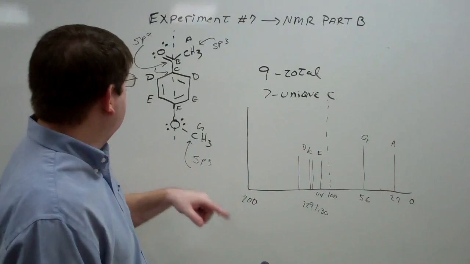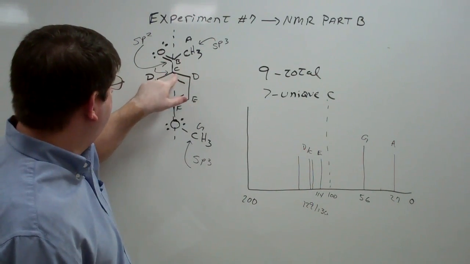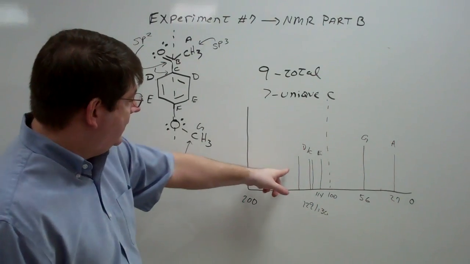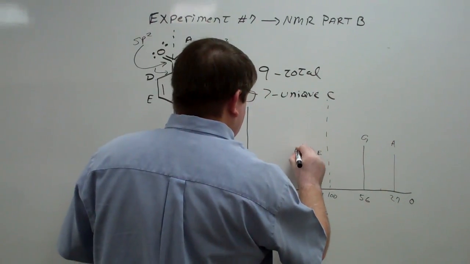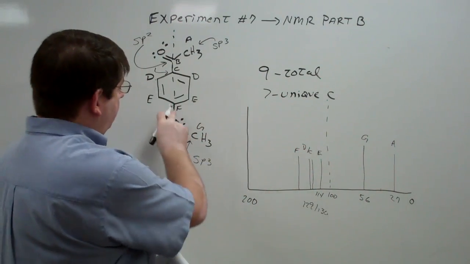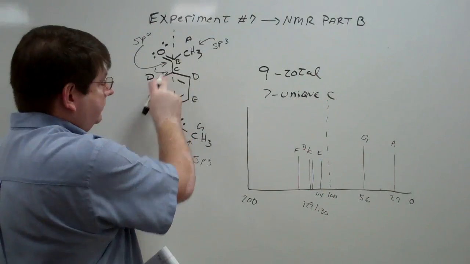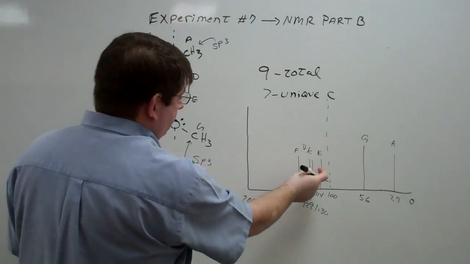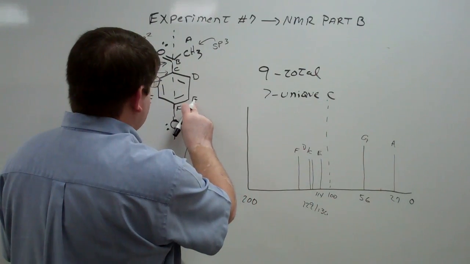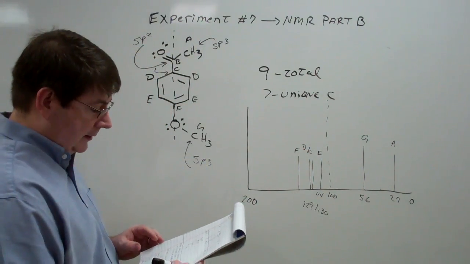It's hard to tell which one is which, but D and C are actually fairly close to one another. And then this one, of course, is F. And it's the furthest downfield because it's directly attached to this electronegative oxygen. C and D are fairly close to this, so they're in this region, whereas E is the furthest upfield and just right after 100 at 114.